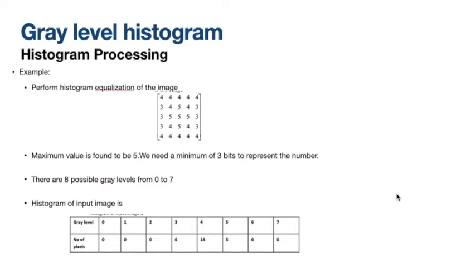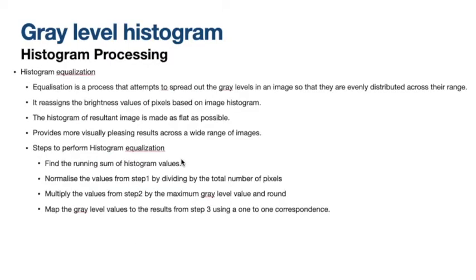That's given here, and this is an example. Here you have to perform histogram equalization of this image. This matrix represents an image. You are going to spread out the gray levels in the image so that they are evenly distributed across their range.